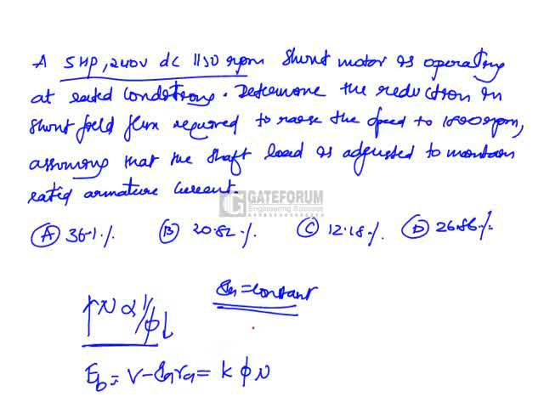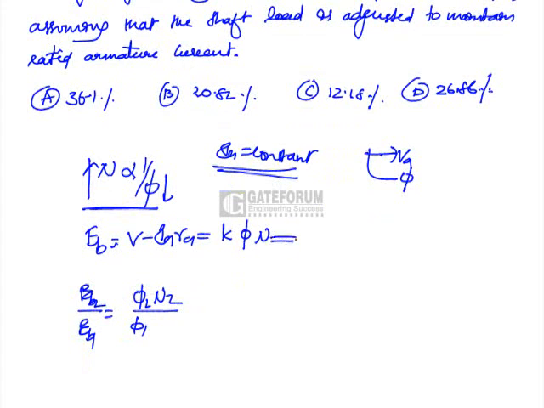In shunt motors we can operate two types of speed control. One is armature control, that is armature voltage control. Another one is flux control. Now here the second method, flux control, is used. What is EB2 by EB1? EB2 by EB1 is phi2 times N2 by phi1 times N1.